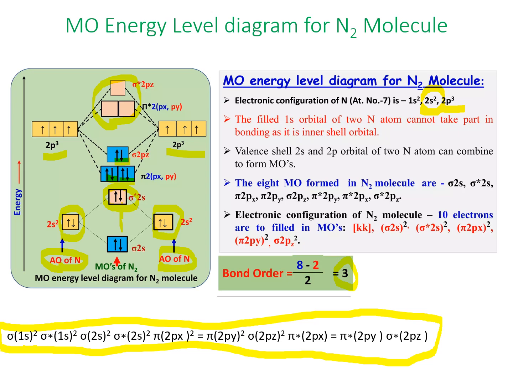Pi 2px equals pi 2py; the equal symbol represents that both have the same energy. Then sigma 2pz. Then pi star 2px equals pi star 2py. There are no electrons in the anti-bonding, so no electrons are noted here, and also sigma star 2pz has no electrons.